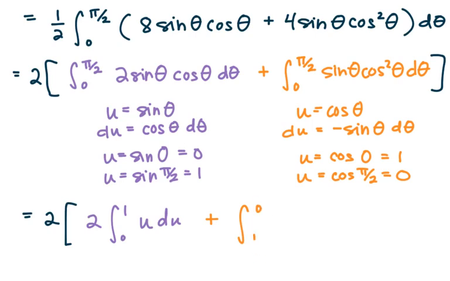And those are in the reverse order, so I can flip them and make this negative. But I'm also going to put that other negative in there, which would make that positive again. So just reiterating, I'm going to flip these bounds, which negates it, which would make this negative. But then when I do my u substitution, I'm going to have that extra negative, so it will stay positive. So I'm going to have u squared sine theta d theta. That was my negative du. So I've got u squared du.